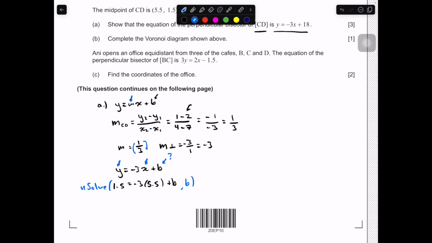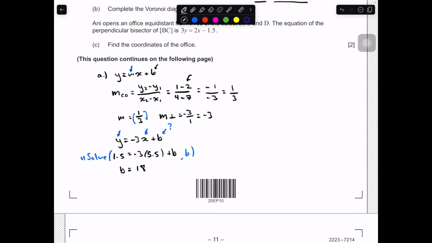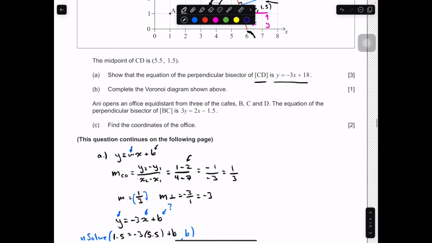Negative 3 times 5.5 plus 1.5 would give us a value, b is equal to 18 in this case. So you can work it out through algebra, or you can use the solver. Altogether, our equation of a line is y is equal to negative 3x plus 18. I forgot what it said up here. There it is, negative 3x plus 18. Okay, good.